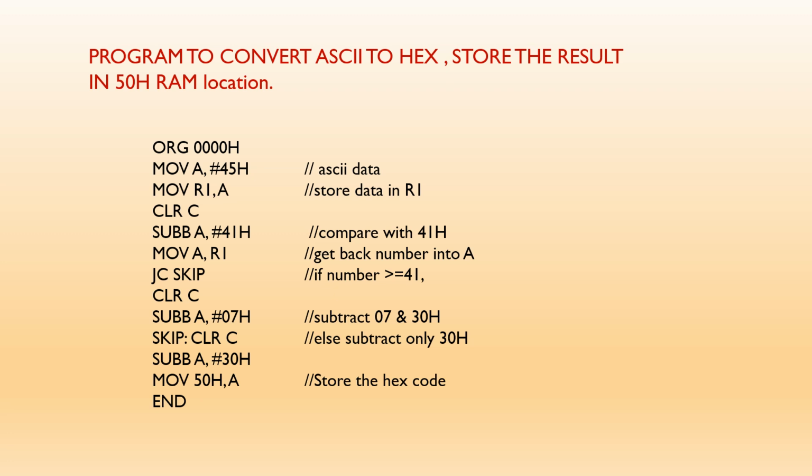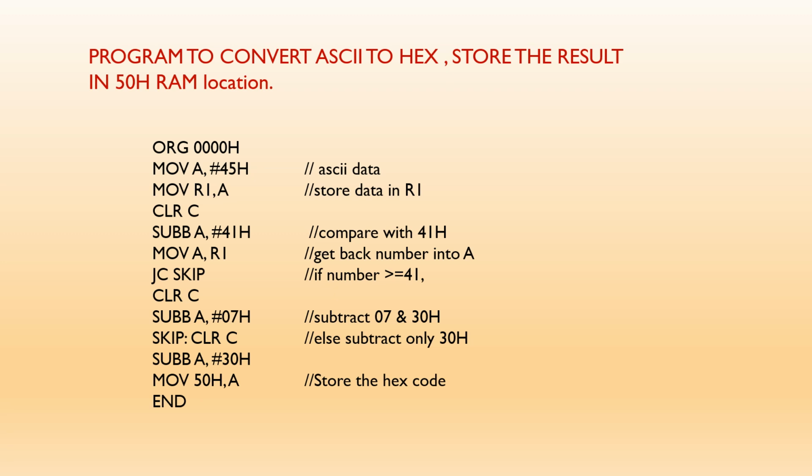Here I've taken 45. So 45 is greater than 41, because of which the carry flag will not be set. So the jump on carry fails, and the next instruction following the jump instruction is executed, that is the clear carry instruction.